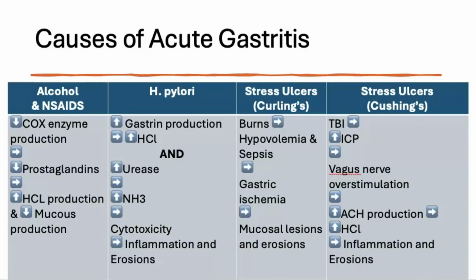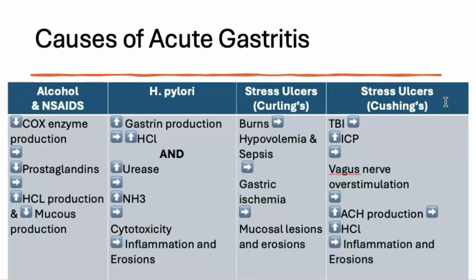So the Curling's ulcers, essentially you have burns, patient can become septic also from the burns. They also become hypovolemic, and we have those fluid shifts. That contributes to gastric ischemia, which then can lead to lesions and erosions in the stomach. And then with your Cushing's ulcers, that's usually caused by a traumatic brain injury or something that's going to increase ICP.